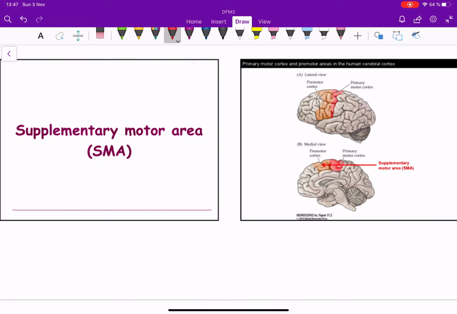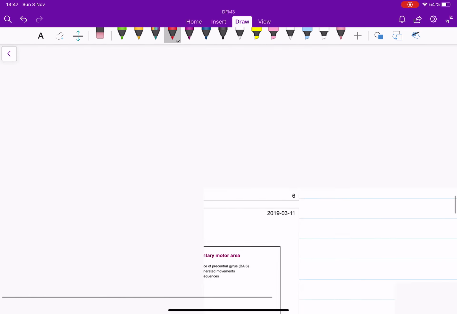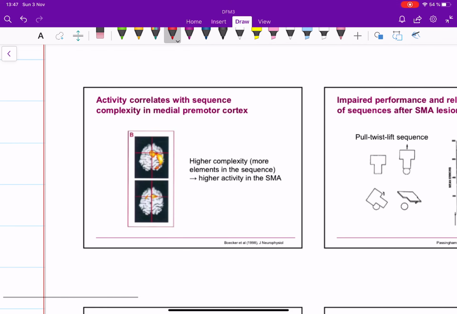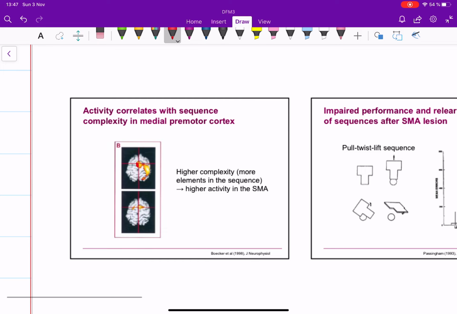Now to the supplementary motor area, and I have a very good rule for you to remember it. The supplementary motor area is located in the medial part of the premotor cortex. Here in this overview, we have the supplementary motor area, and here we have also the supplementary motor area for the other hemisphere.